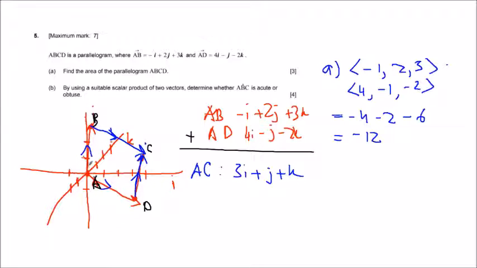So our AB is this, and then subtract it from AC, which is going to be minus 4I plus J. Wait, give me a minute.